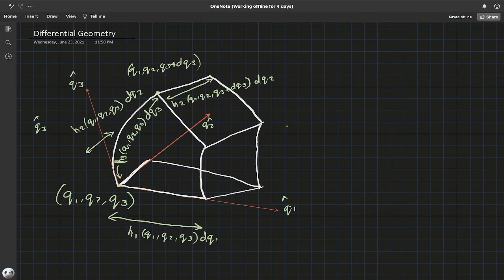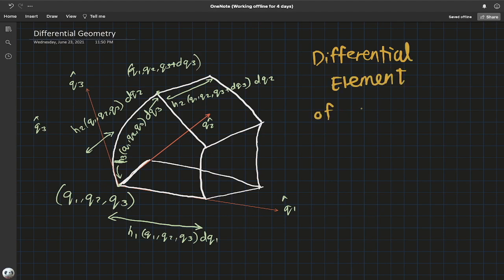Okay, so here I have briefly drawn a differential element of this general curvilinear system.